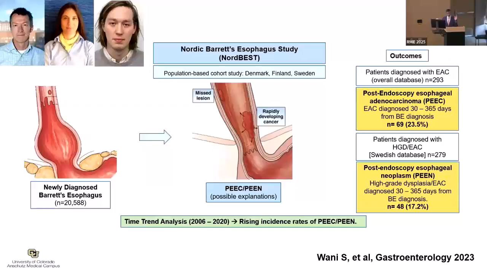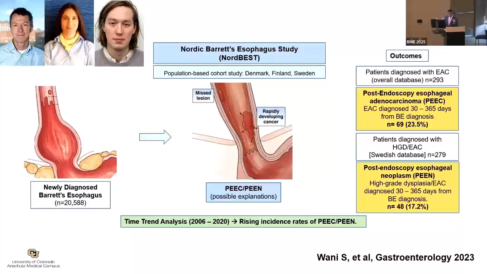So what we did with this group is identify patients with newly diagnosed Barrett's esophagus, follow these patients for about 4 to 5 years, and identify how many patients were diagnosed with post-endoscopy esophageal cancer after an ostensibly negative exam for high-grade dysplasia or cancer.